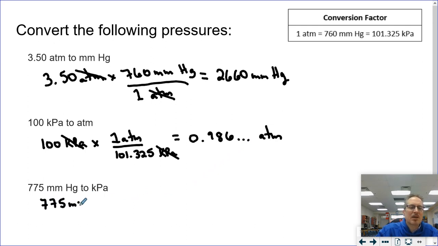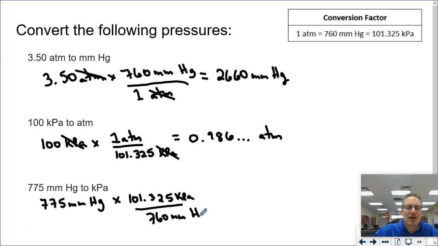Now, the connection between millimeters of mercury and kilopascals is 101.325 kilopascals in every 760 millimeters of mercury. Again, I set it up because millimeters of mercury is on top, I needed it on the bottom.